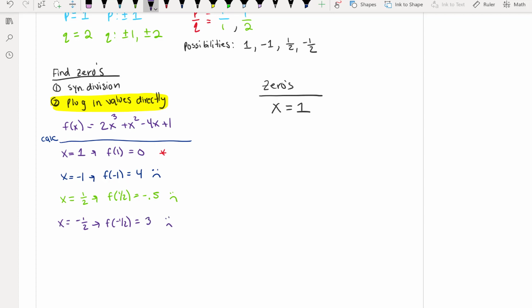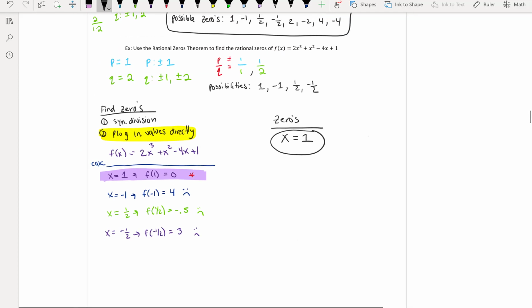So that is also not a 0. So it looks like the only 0 that worked was x is equal to 1. This is the only one that was a 0. So x is equal to 1 is my only rational zero that I'm going to find.